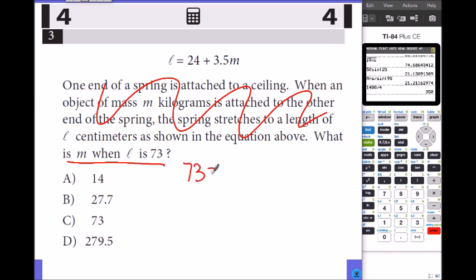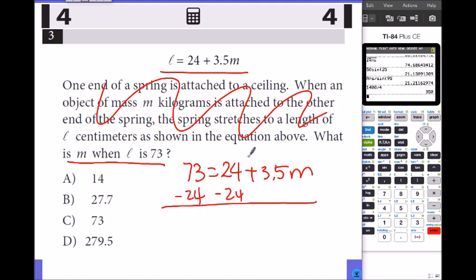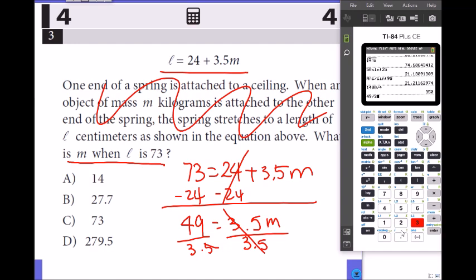So 73 equals 24 plus 3.5 M. So move 24 by subtracting it. I get 49 equals 3.5 M. So divide by 3.5, divide by 3.5. So I get 49 divided by 3.5, which gives you 14. So A.